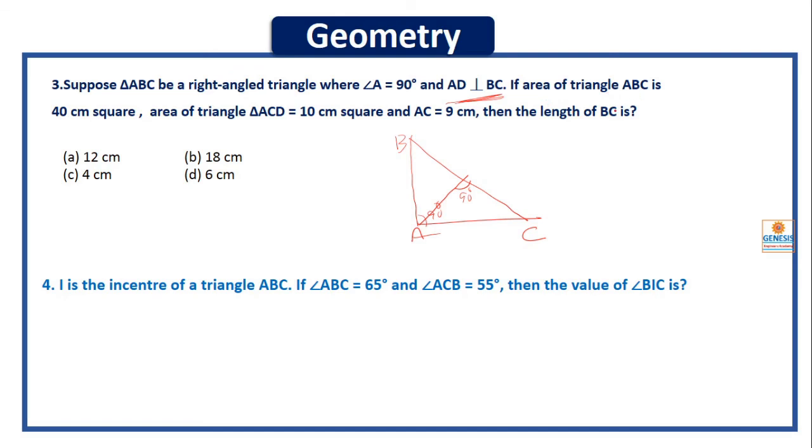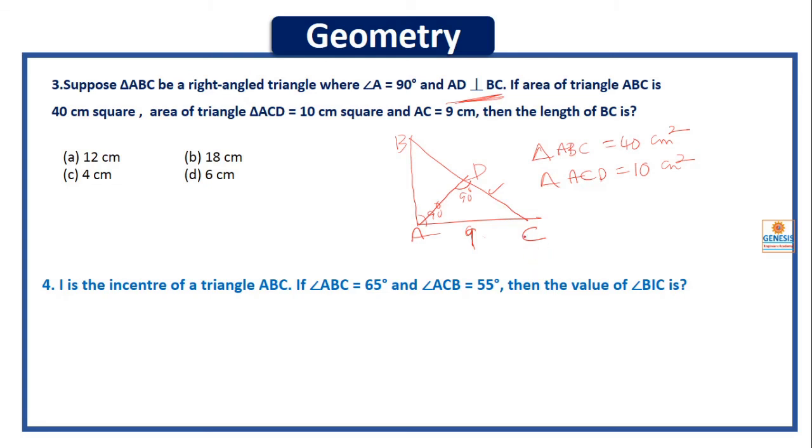If the area of the triangle ABC is 40 centimeter square, and the area of ACD, this is D, is 10 centimeter square, and AC is 9, then what is the length of BC?